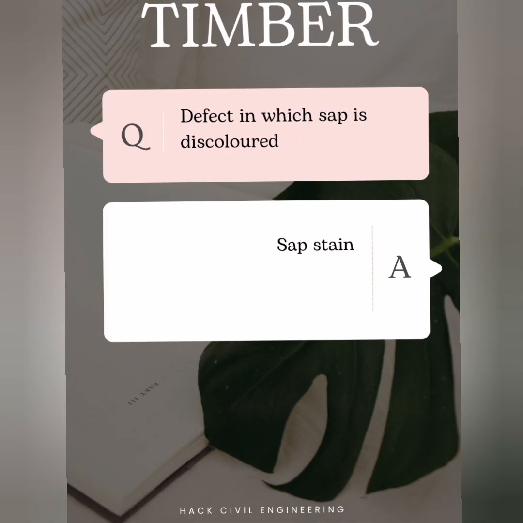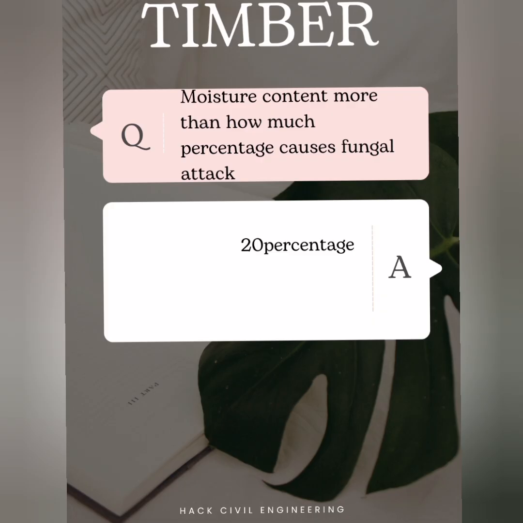Defect in which sap is discolored? Sap stain. Defect in which sap changes to blue color? Blue stain. Moisture content more than how much percentage causes fungal attack?